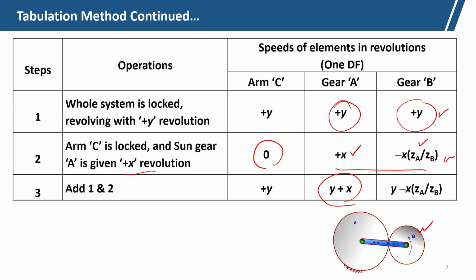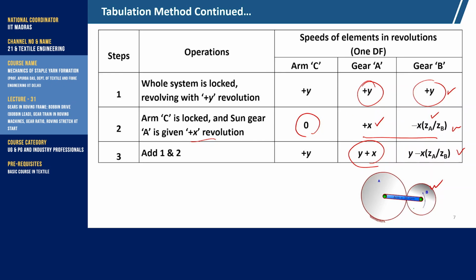The sun gear will rotate y plus x, and planet gear B will rotate y minus x multiplied by Z A by Z B. These two rows are added.